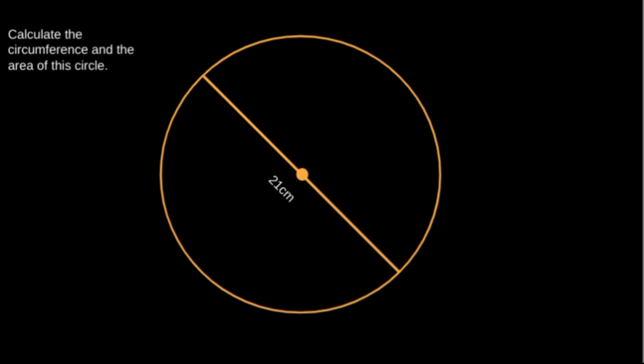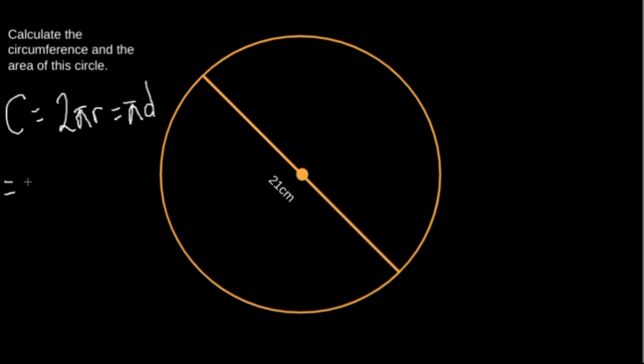Calculate the circumference and area of this circle with a diameter of 21 centimeter. The formula for the circumference of a circle is 2 pi r or pi d, because 2 radii equals the diameter. So we can just go ahead.